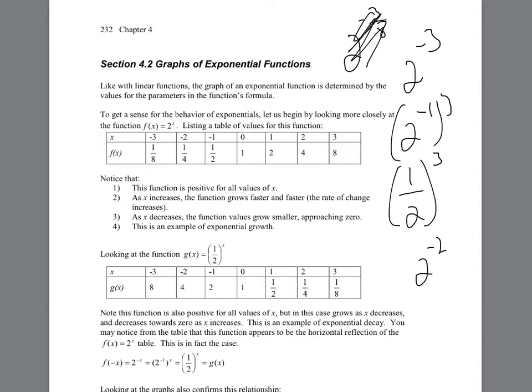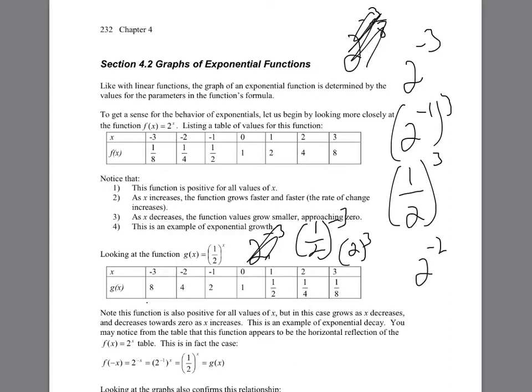So what you want to notice here is that this starts very small, then gets very big. When the base is a fraction less than 1 and we raise that to a power, 1/2 raised to the -3 means you take the reciprocal, which becomes 2 over 1, and then you cube it, and that's where they're getting the 8 from.